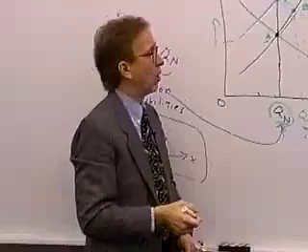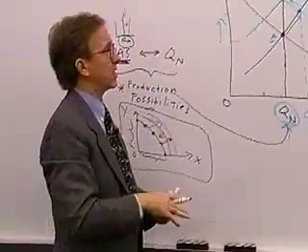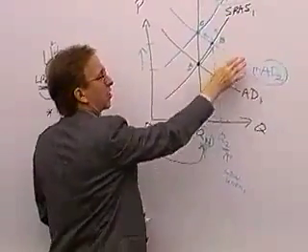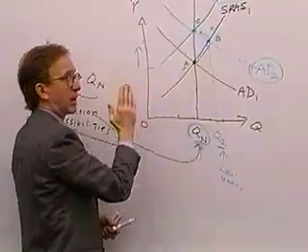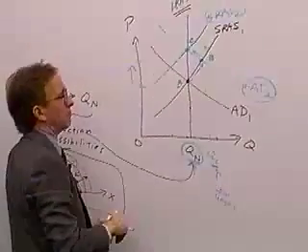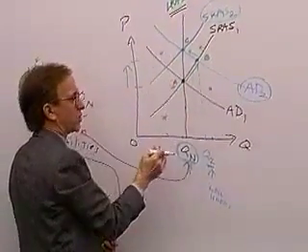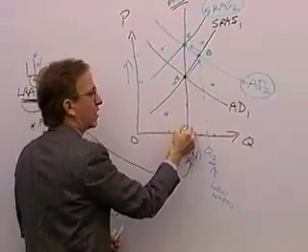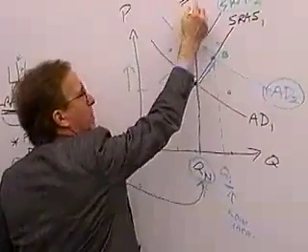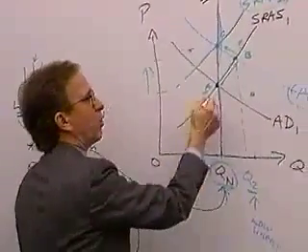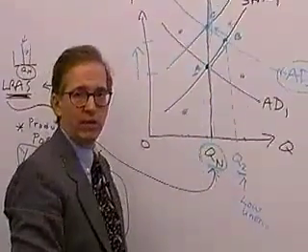For right now, all you really need to know is that no matter where the aggregate demand curve is, no matter where the aggregate supply curve begins, we'll start off with some equilibrium point that perhaps is away from natural real GDP, but in the final analysis, we're going to work our way back to natural real GDP so that we've got some equilibrium point along this vertical line.